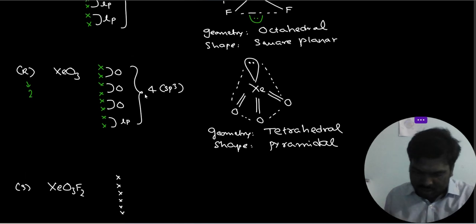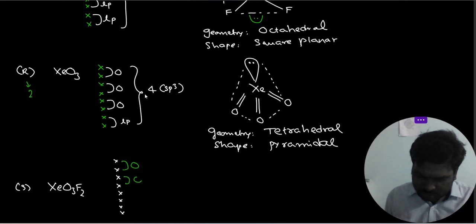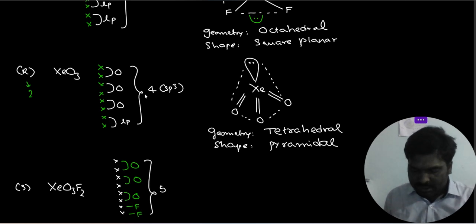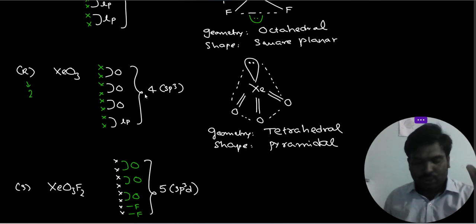Three oxygens are divalent, and 2 fluorines are monovalent. Then counting the total, 5 bond pairs. 5 bond pairs means sp3d. So there are 3 oxygen atoms and 2 fluorine atoms.